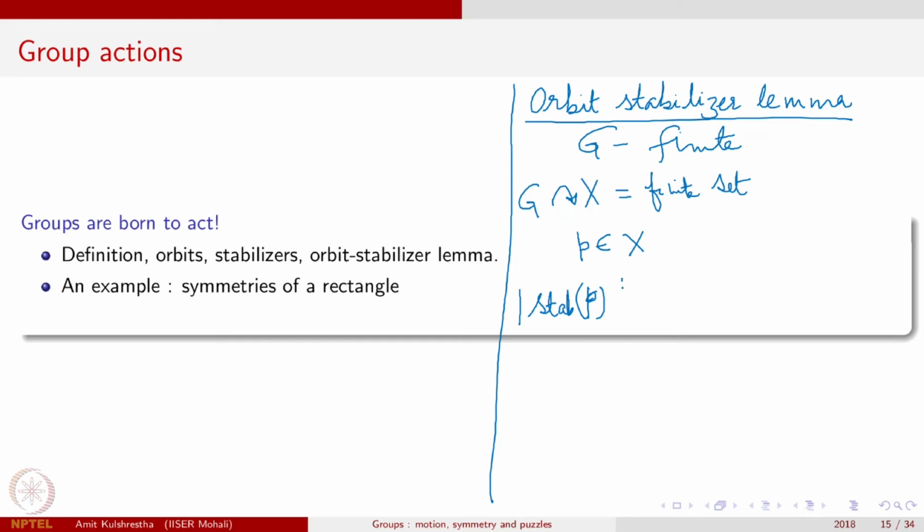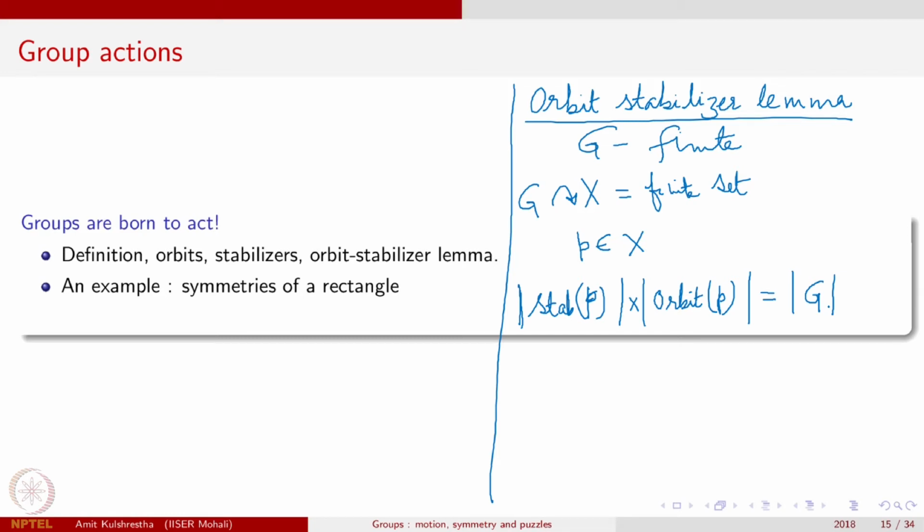This is a set. You can consider the size of this. This mod is the size of the stabilizer. How many points are there in the stabilizer? And then you consider the orbit of P, and then you consider the size of the orbit of P. These are two numbers. Multiply these two numbers. Multiply the size of the stabilizer with the size of the orbit, and what you have is actually the size of the group. So that is called the orbit-stabilizer lemma.